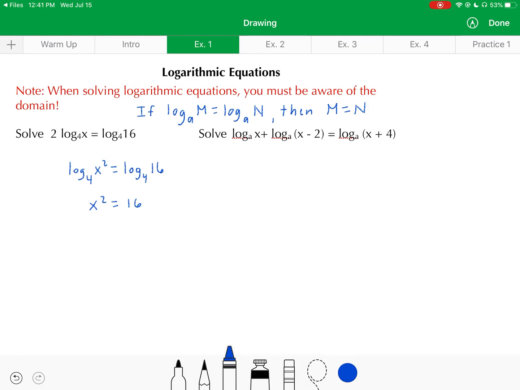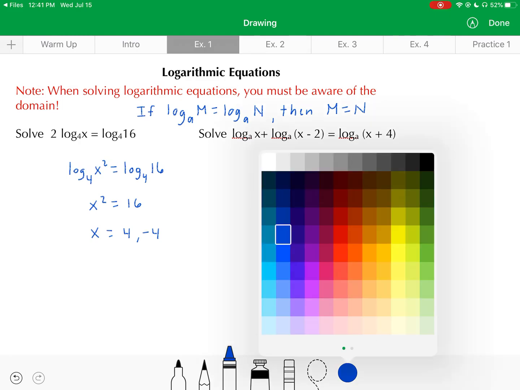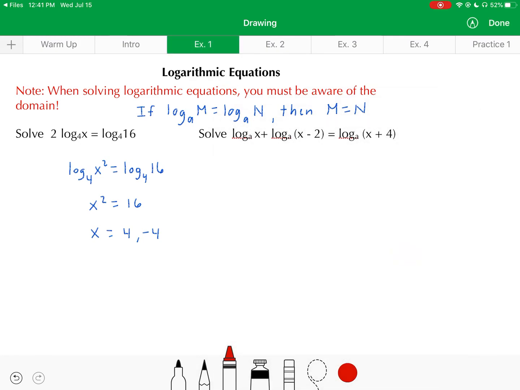Now technically when you solve this you end up with two solutions, 4 and negative 4. But notice what I have typed up in red there on your screen. It says when solving logarithmic equations you must be aware of the domain. Well, we know that you can only take the logarithm of a positive value, right?